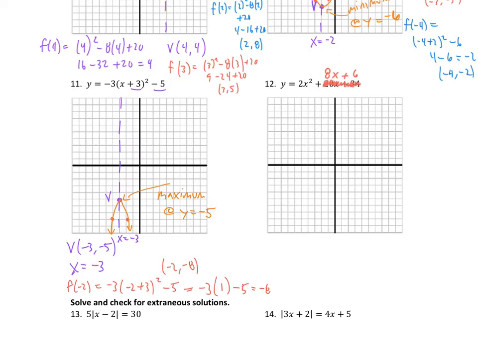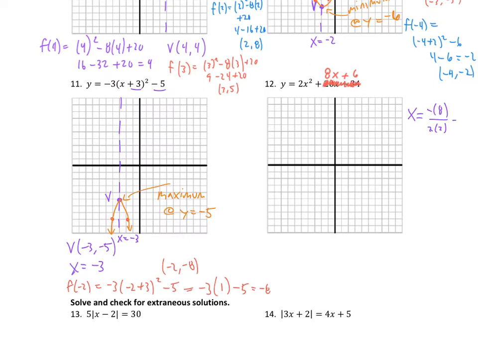And this last one here, so this is in standard form. So I'm going to start with the x equals -b over 2a. So that would be x equals -b, so -8 all over 2 times 2.